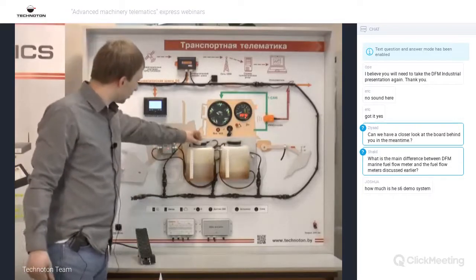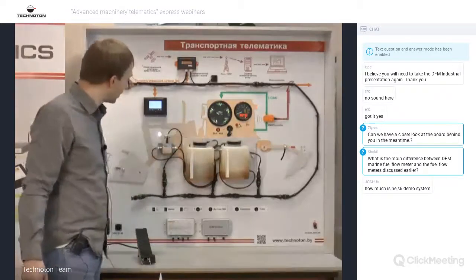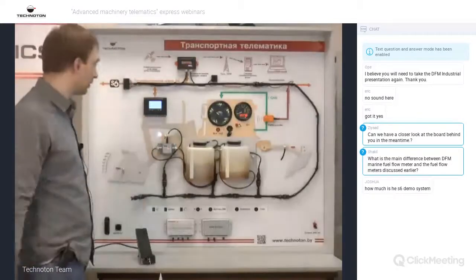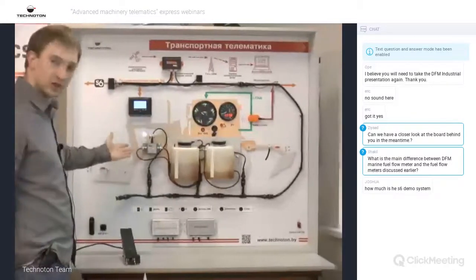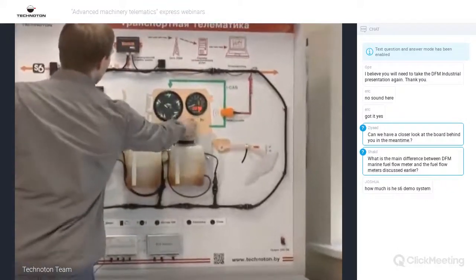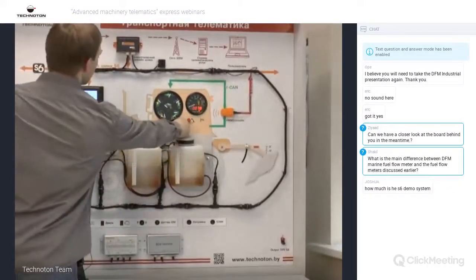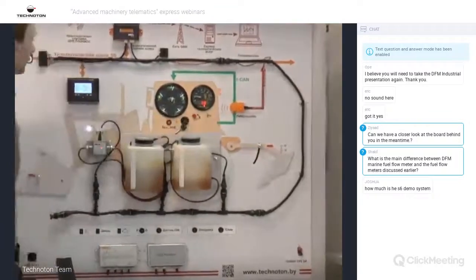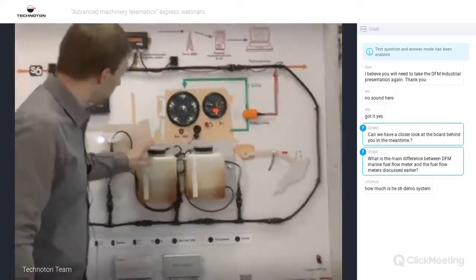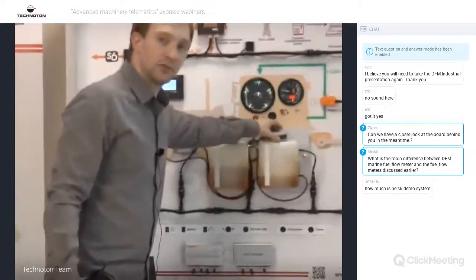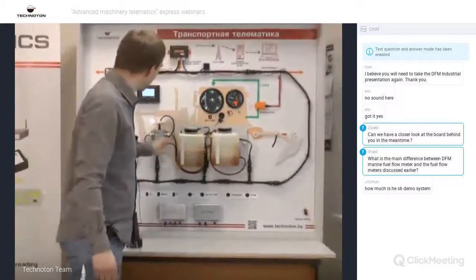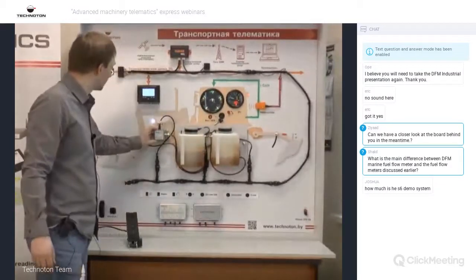We can also demonstrate how to imitate starting the engine of this tractor. Let's see what will happen. Okay, so I hope you can hear the noise. That means the engine is running. There is a fuel flow.